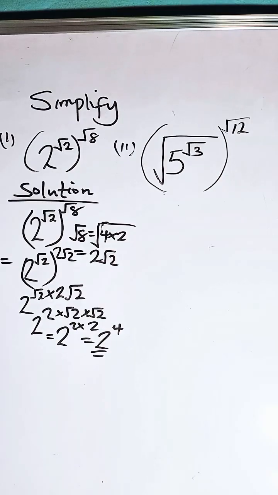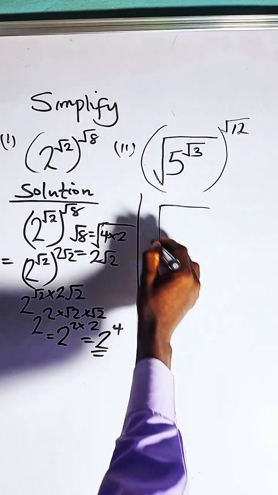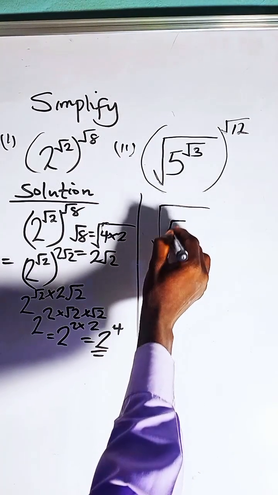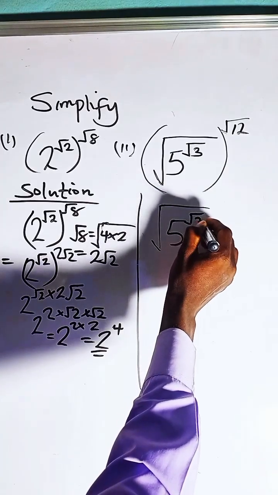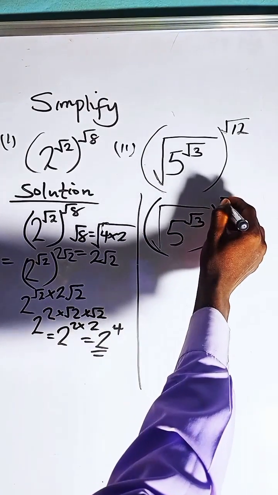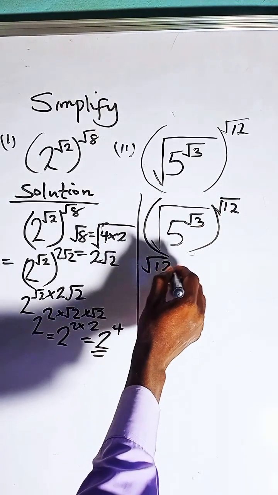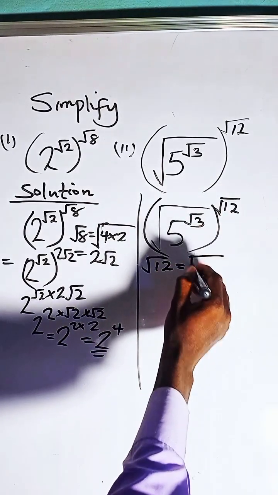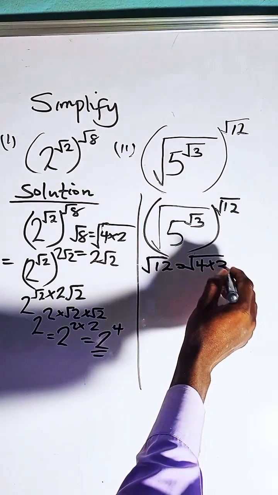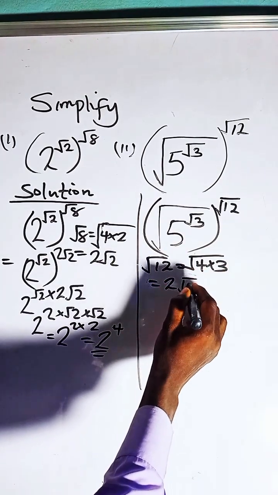For the second one, we have the square root of 5 raised to the power root 3, within the parentheses, and then root 12. For the square root of 12, we can have it as the square root of 4 times 3, and the root of 4 is 2, so we have 2 root 3.